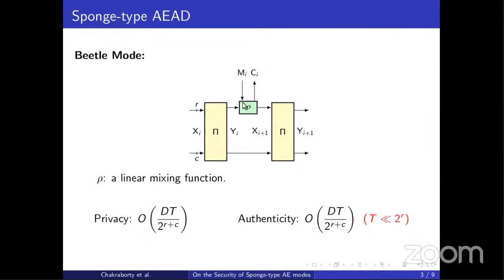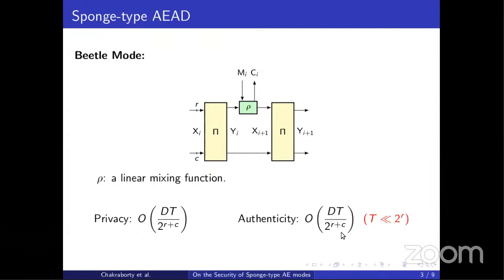What it does is it takes a linear function rho and absorbs the message mi and the current output yi, the upper part of yi, and combines them to create the new ciphertext block ci and the next input.